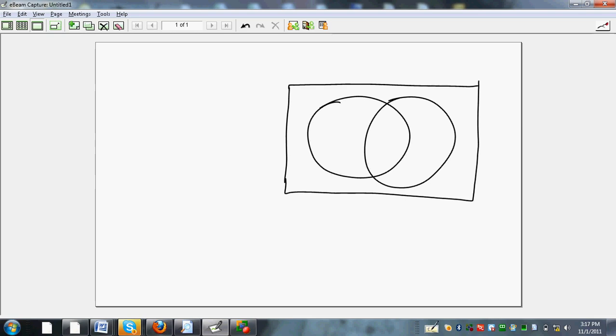We'll have those that like physics and math. So we'll call this one P will represent those who like physics, and M those who like maths.